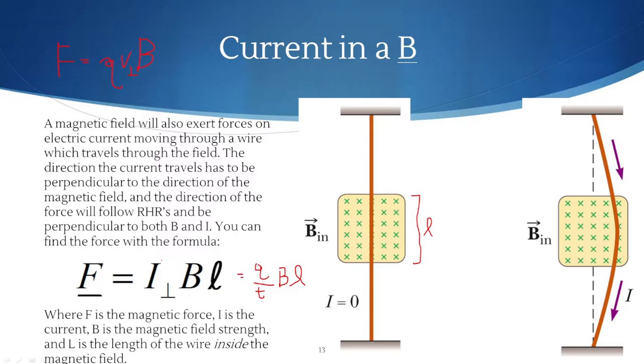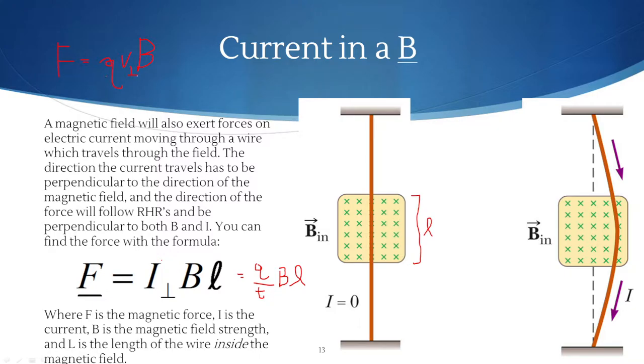So we can turn F equals IBL into Q over T times BL. Well, L divided by T is the same as velocity. That's just meters divided by seconds. So this formula is literally the same as the other one.